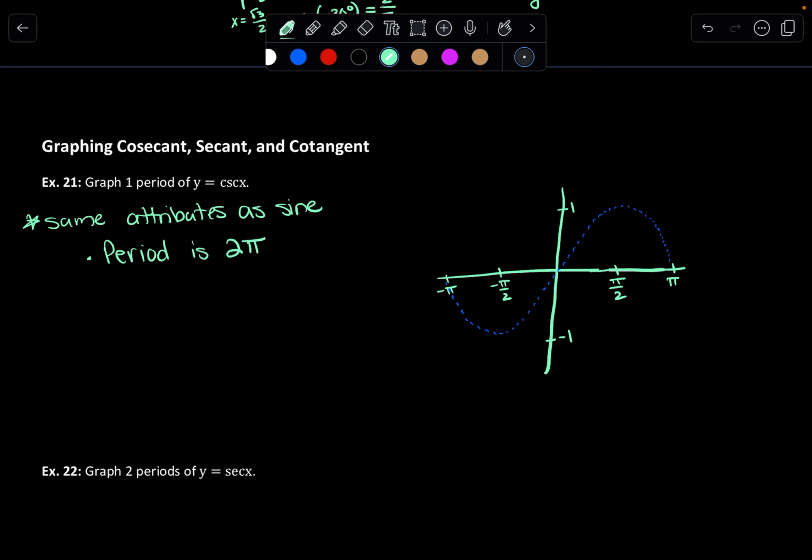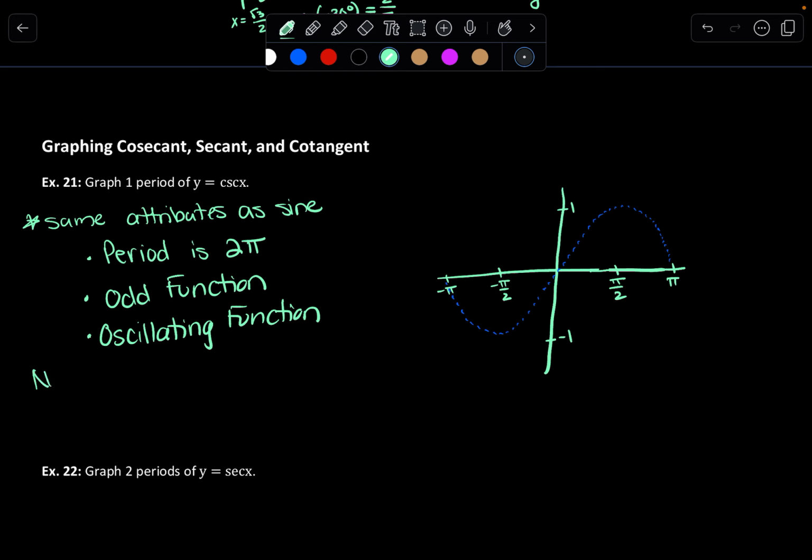And because sine is odd, that means its reciprocal will also be odd. It's an odd function, so we'll see that rotational symmetry. And it's also an oscillating function. Remember, oscillating just means repeating. It's not the same type of smooth oscillation as the sine curve, but it still repeats.